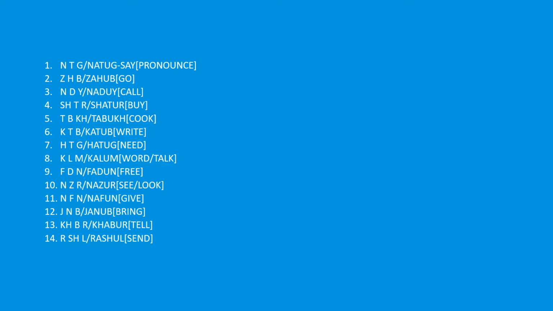Anytime you see a hard letter, the vowel that precedes it must be pronounced hard, and anytime you see a soft letter, the vowel that precedes it must be soft. In this case we're only speaking about the vowel A and its short or long pronunciation. N is considered a hard letter, so a hard A would be the A in opposite. So that would be natug.